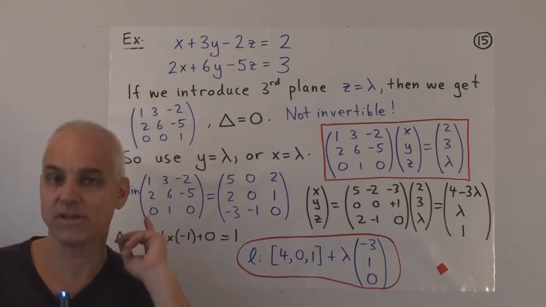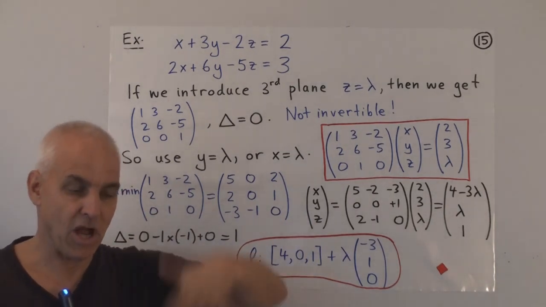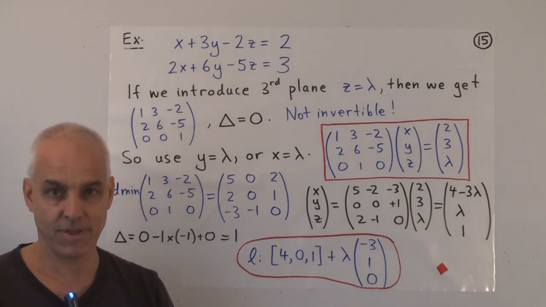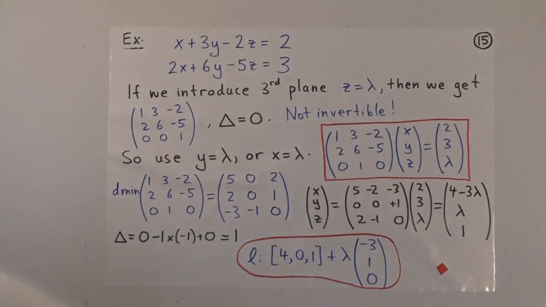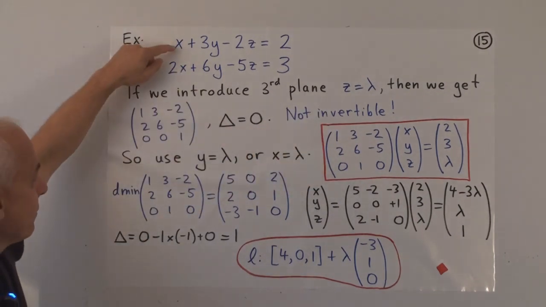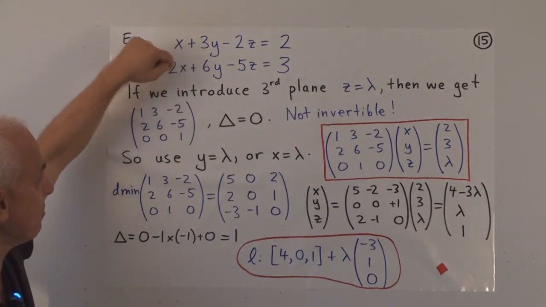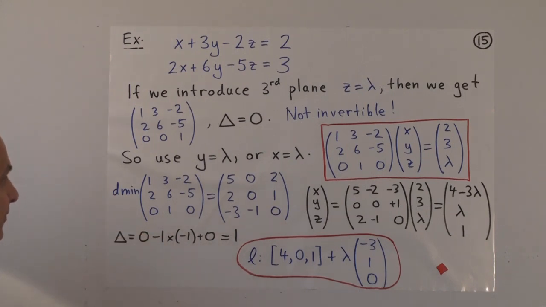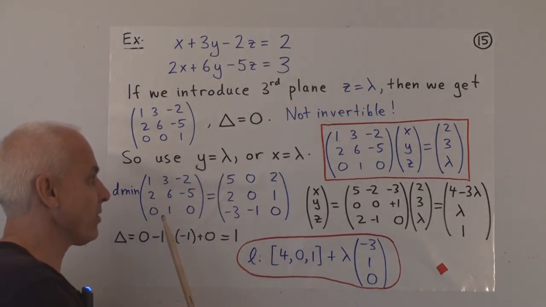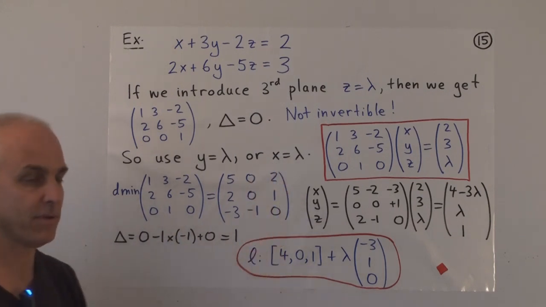You cannot invert that matrix, so you cannot solve the system and our method fails. What we've done wrong is we've introduced the wrong plane, because this little 2 by 2 matrix was 0. So in this case we should use y equals lambda or x equals lambda.